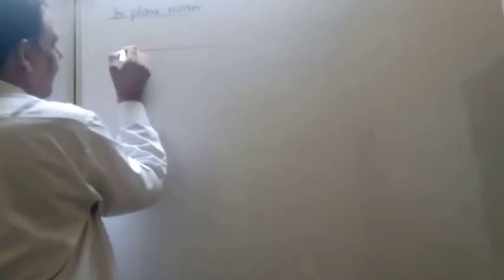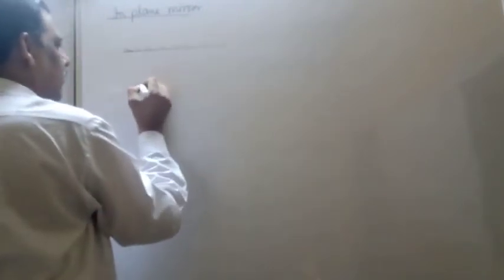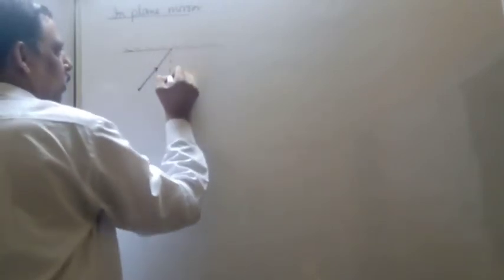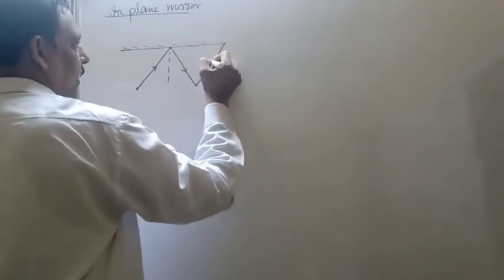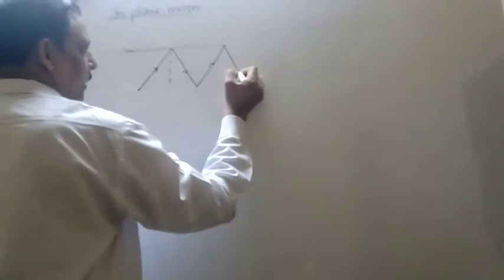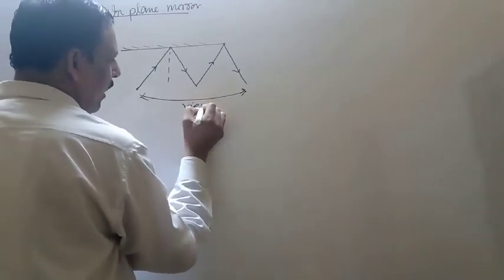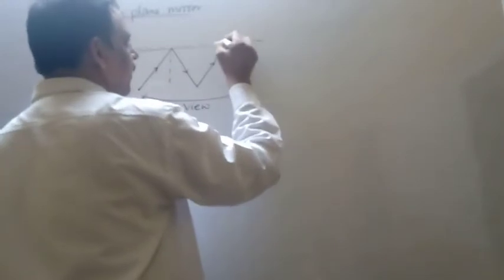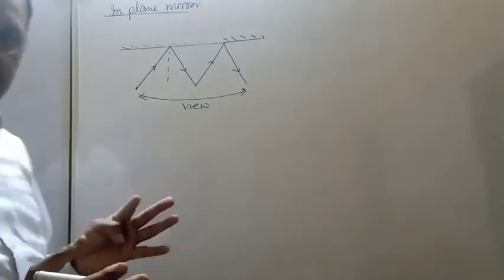If we place the mirror in such a way and give light, here is the normal, and it gives the view. We can see the view of objects only up to a certain limited extent, not very large.